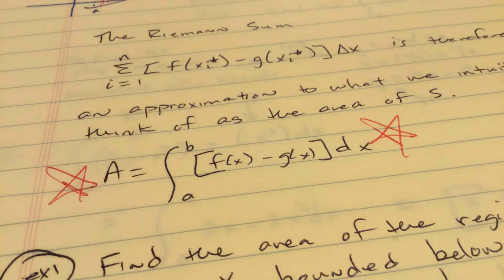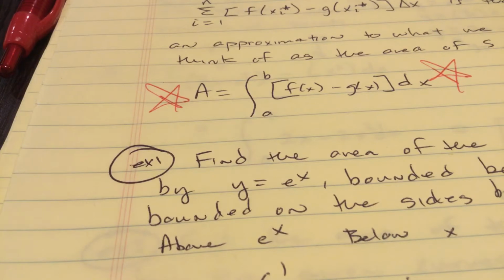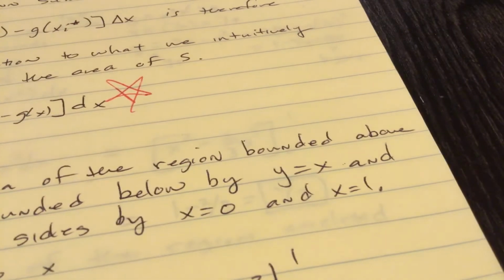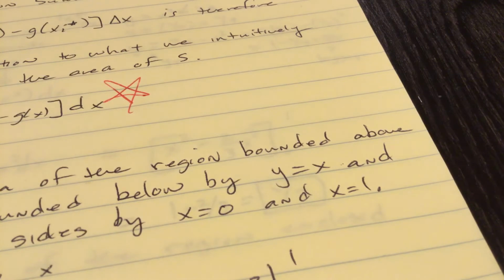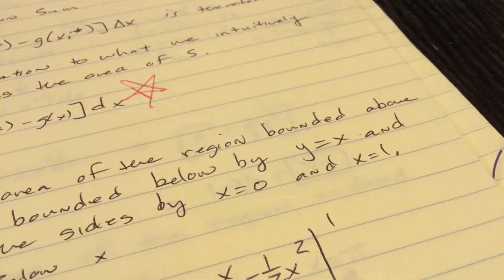This first example is easy. And again, I'll take photos of these notes so you have them as well. Okay? Example 1, find the area of the region bounded above by y equals e to the x, bounded below by y equals x.